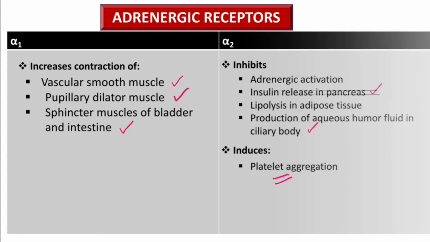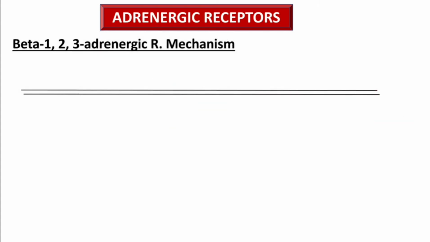Now let's talk about beta adrenergic receptors, right? I said we have beta 1, beta 2, and beta 3 adrenergic receptors. So just imagine this one is your cell membrane. That's what I want to present here. You need to know this pathway very well, because you have adenylyl cyclase, right?